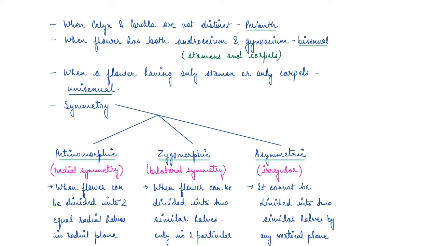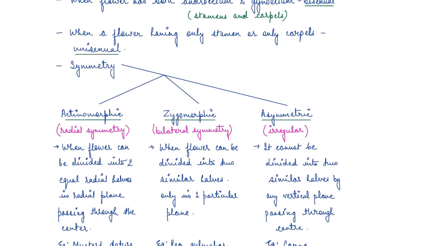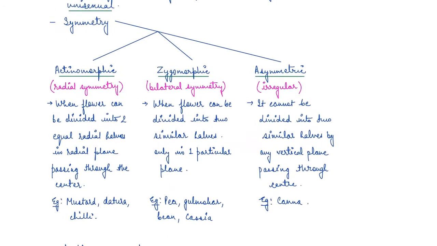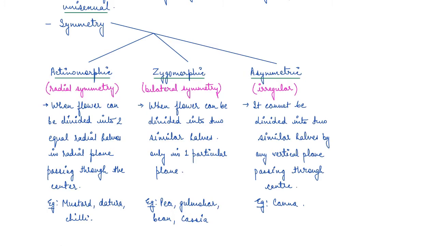Okay, now let's talk about symmetry. So in symmetry, the flower can be either actinomorphic, zygomorphic, or it can be asymmetric, right? So actinomorphic is nothing but radial symmetry, zygomorphic is nothing but bilateral symmetry, and asymmetric means it's irregular, right? Now, what exactly is radial symmetry?